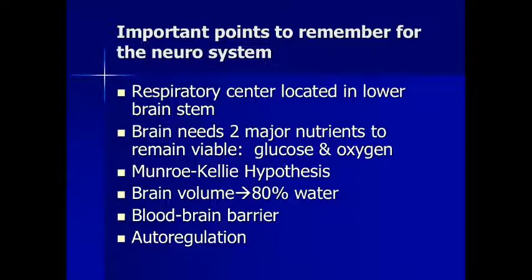Autoregulation is the last big point I want you to remember for the neurosystem. Autoregulation allows the brain to maintain a constant blood flow despite changes in systemic blood pressure.